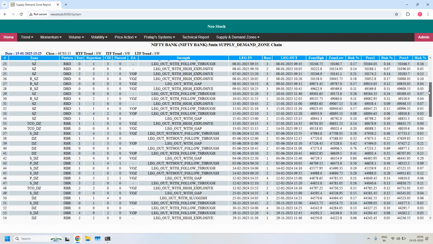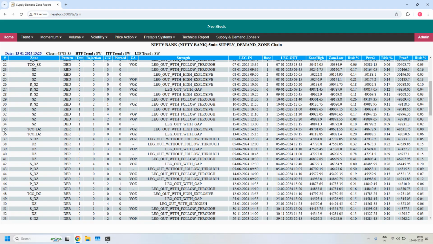All these are supply zones. So this is the nearest demand zone. Below all demand zones, above all supply zones. So this is about Bank Nifty supply demand zone chain.